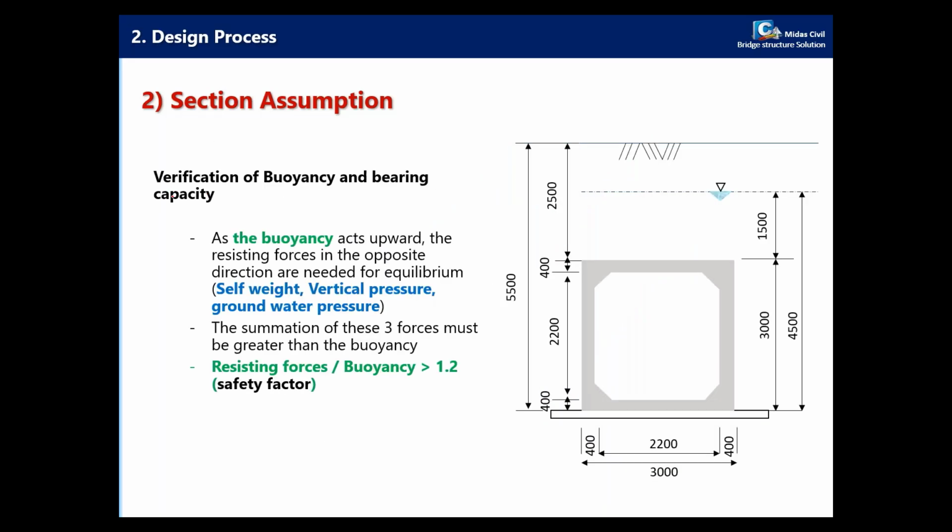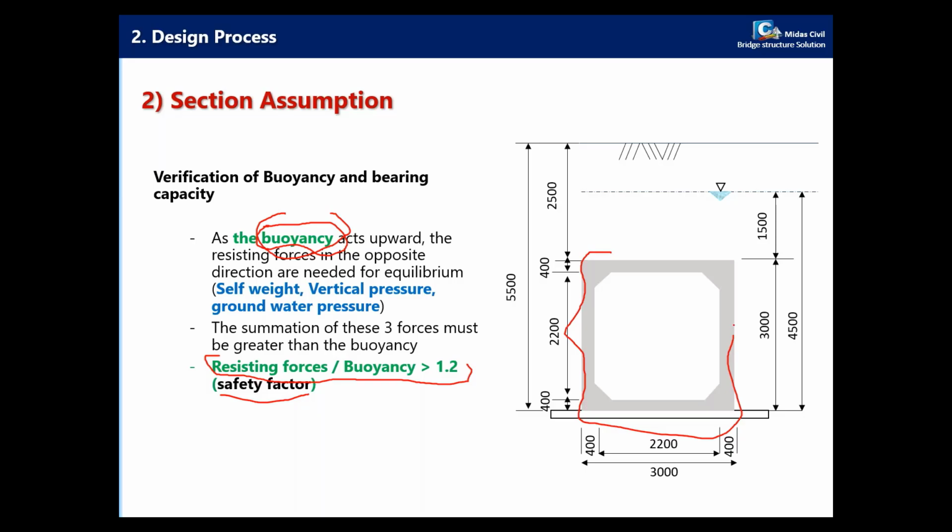The other verification we have to do is about the buoyancy, because we have the underground water. So we need to verify the condition, the safety factor, and this safety factor can tell us if the section we select is good or not.